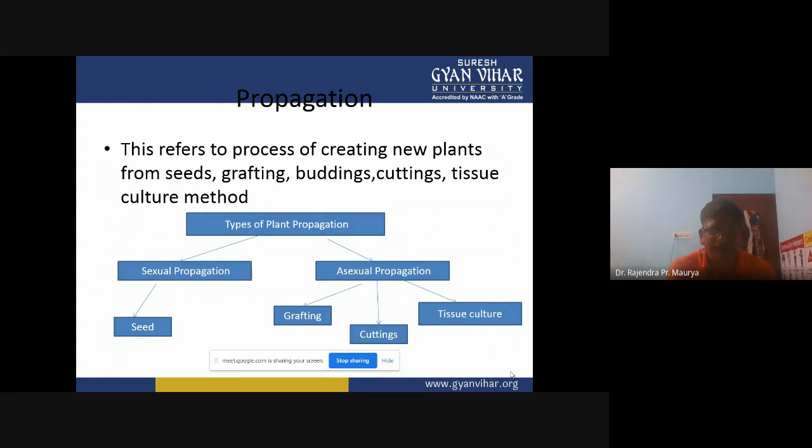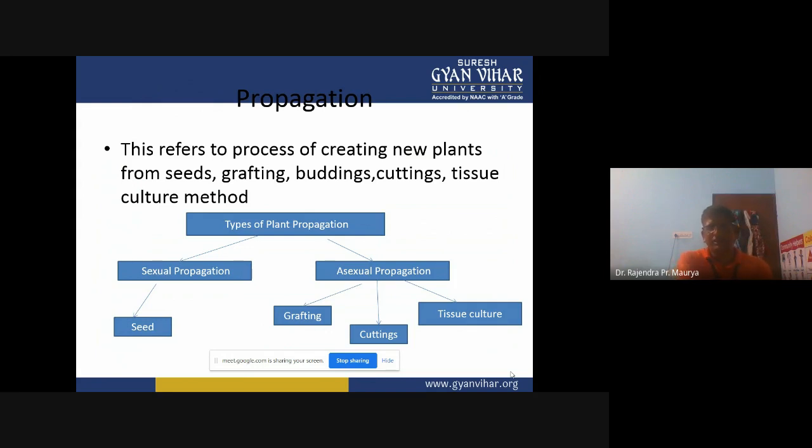Due to the exchange of genetic material, it will cause genetic variability among seedlings. So in this method, we can never produce true to type plants. Genetic variability is a common problem in this. Other than this, plants produced from seeds may have a long juvenile period.